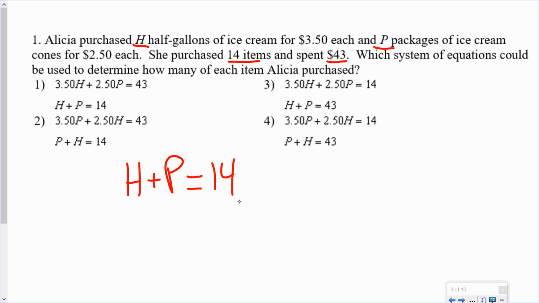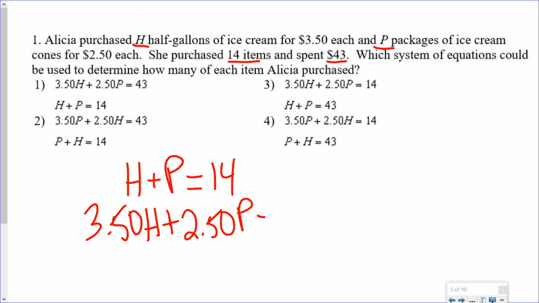Now my money equation. How much are all the half gallons of ice cream going to cost? Well, they're going to cost $3.50 times the number of half gallons that are bought. The total cost of the cones is going to be $2.50 times however many packages of those, and the total cost is $43. So which choice has that?